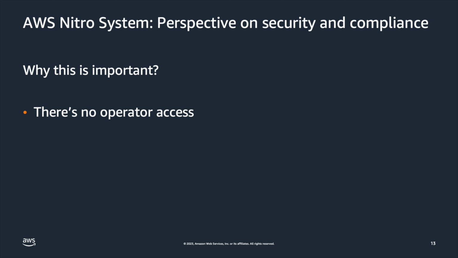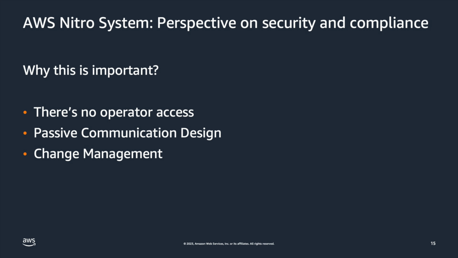It also follows a passive communication design principle. What that means is that during production operation, components of the system never initiate outbound communication, including to any control plane management or cloud service.